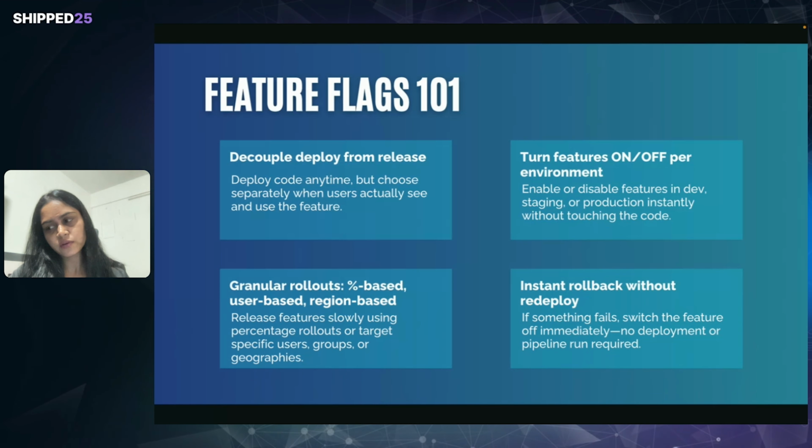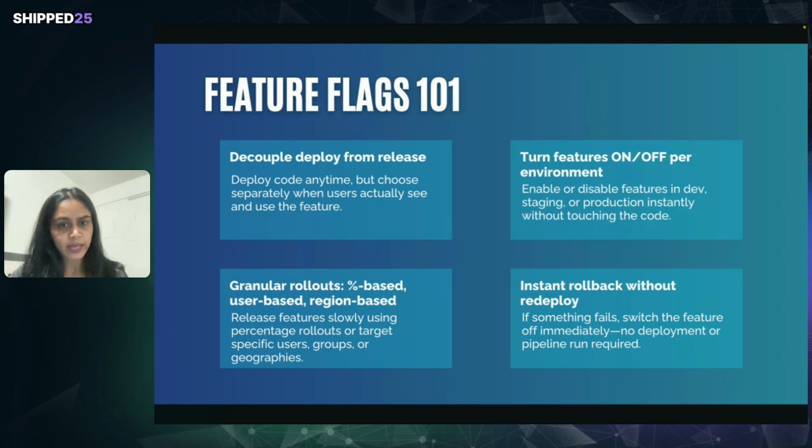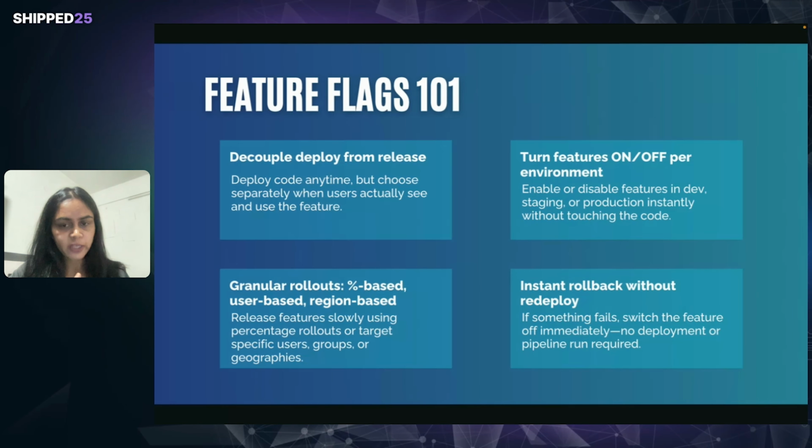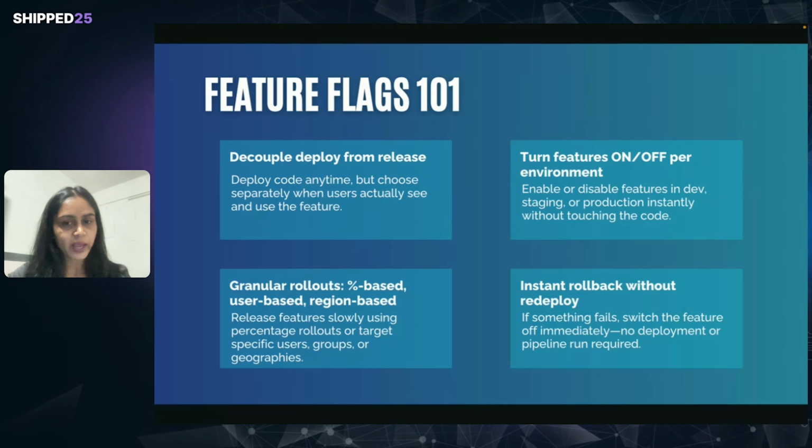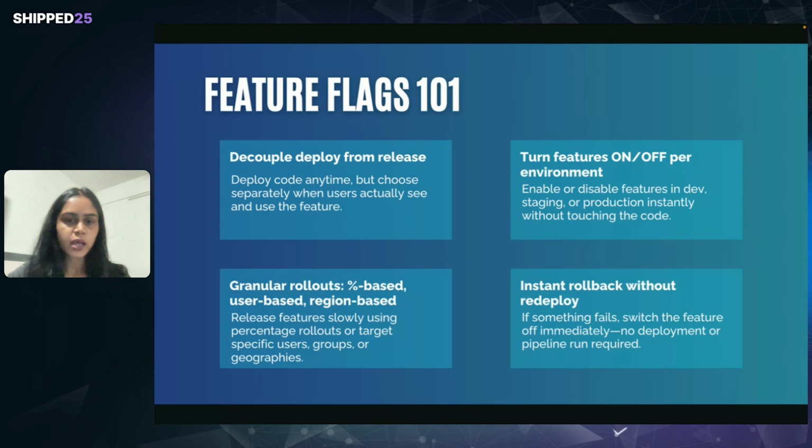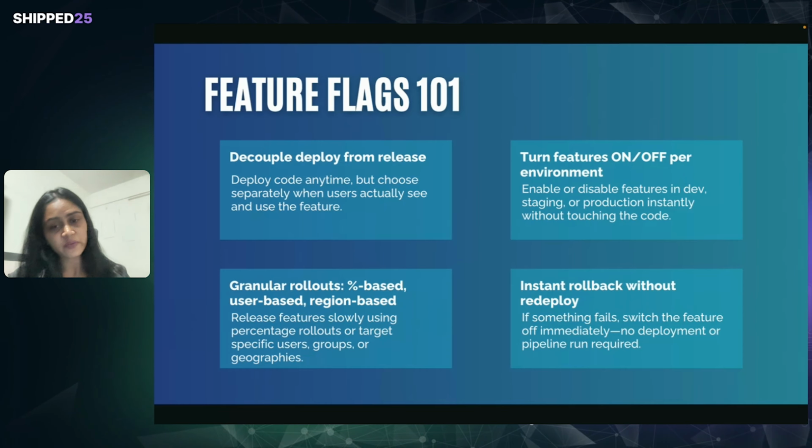Another one of the major advantages I can see here is environment specific toggling, which is again possible here. You can turn one flag on in the dev environment, and you can turn one flag off in the staging environment.